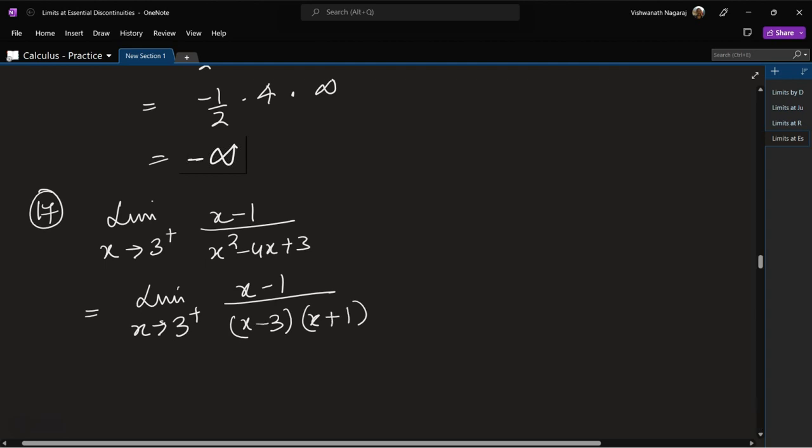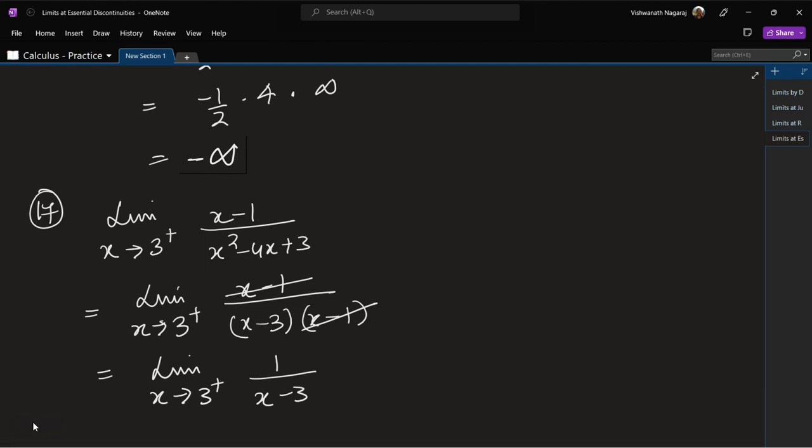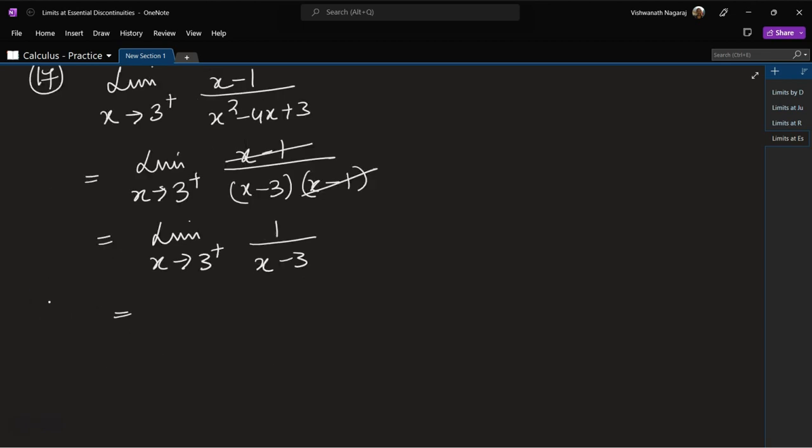So x minus 1 cancels, and we have limit as x approaches 3 from the positive side of 1 by x minus 3. From the positive side, if it approaches, that means 3.01, 3.001, 3.0001. That means the denominator is going to be a very small positive number, which means 1 by a very small number is going to be infinity.